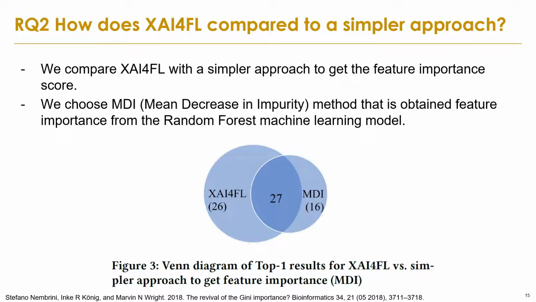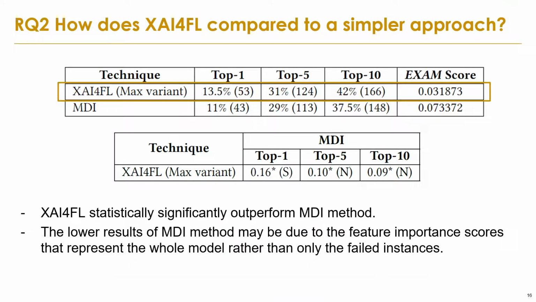The result shows that of the 43 faults that are localized in top 1 by the MDI approach, 27 or 63% of them are already localized in top 1 by XAI4FL. XAI4FL statistically significantly outperforms the MDI method. The lower results of the MDI method may be due to the feature importance scores representing the whole model rather than only the failed instances.